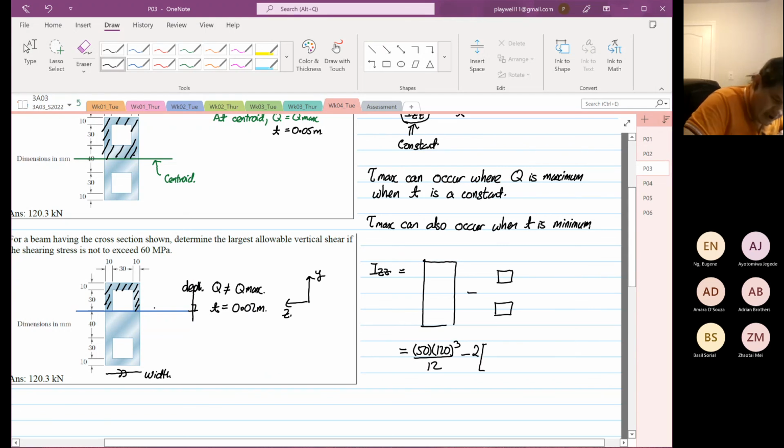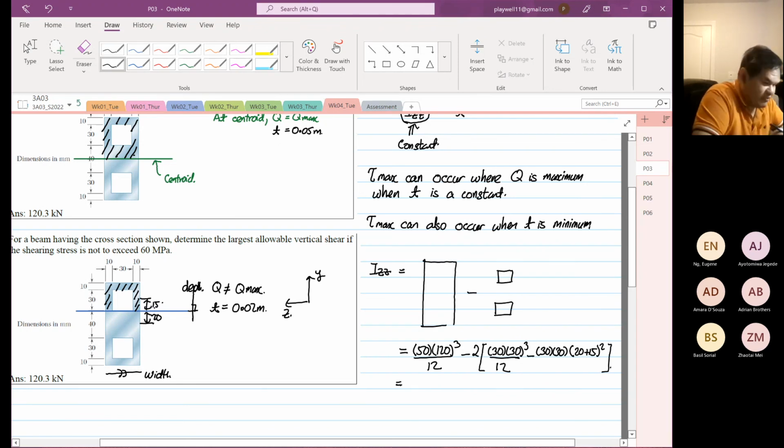The width and depth are 30, so 30 times 30 cubed divided by 12, plus the area, which is 30 times 30, times the distance from the centroid, which is 20 plus 15, squared.